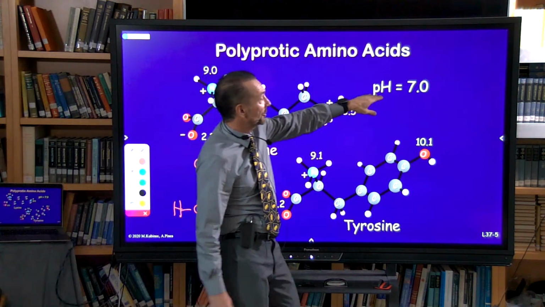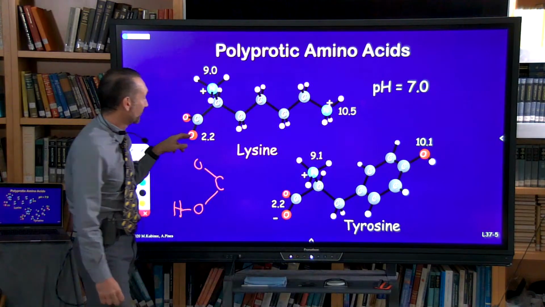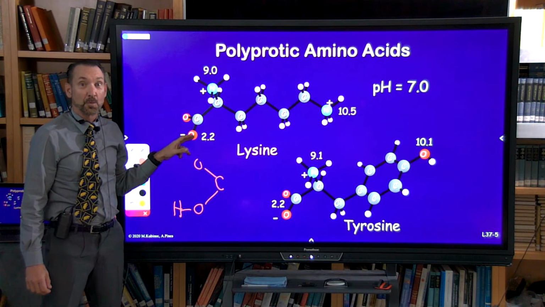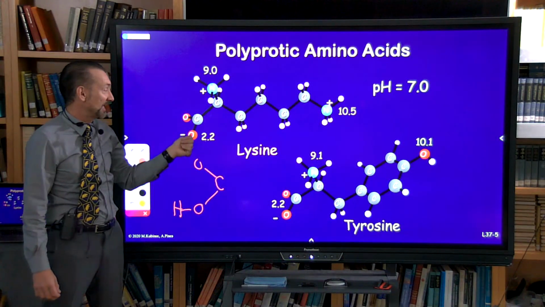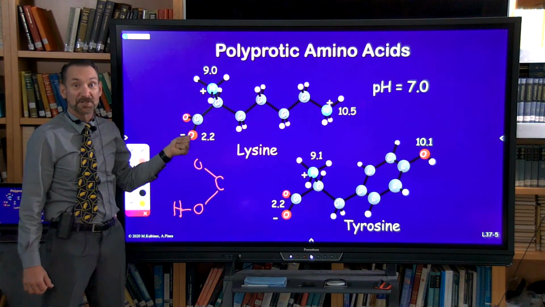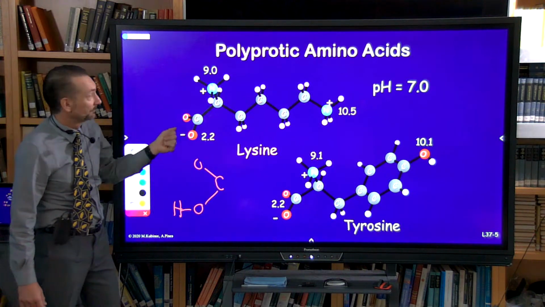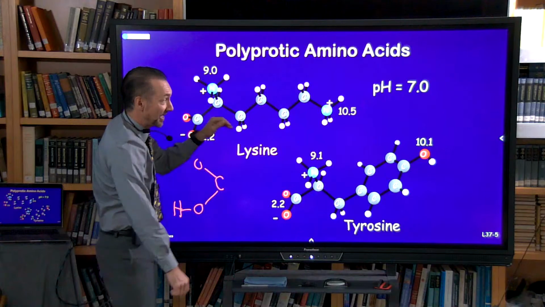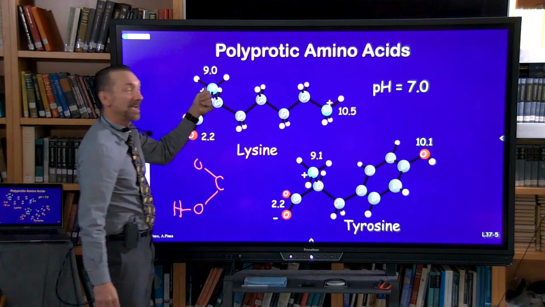So we've written the structures at pH 7. So we're 5 units above the pKa here. So we're way to the basic side of pKa. That is nearly 100% the base form. But this pKa is 9. We're on the acid side at pH 7. We're on the acid side of that.